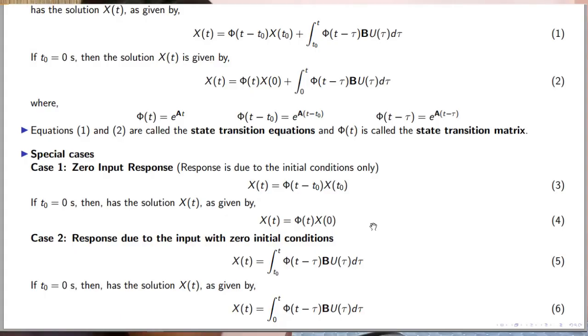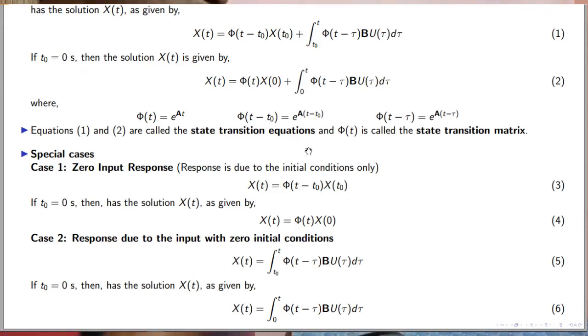Okay, and all these equations which describe this transition from one state to another state, we call them state transition equations, and phi of t we call the state transition matrix.